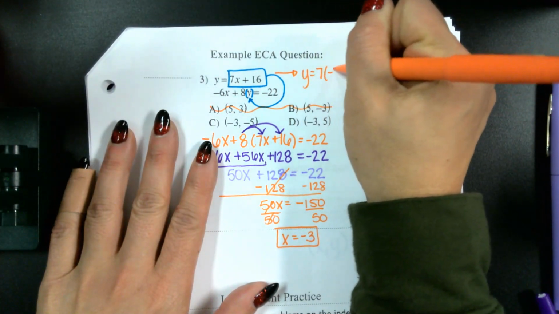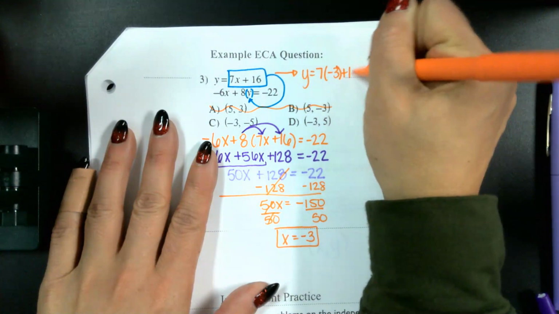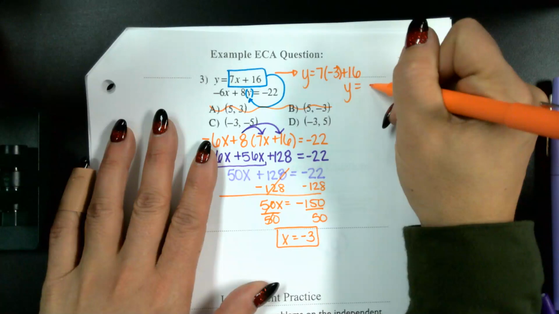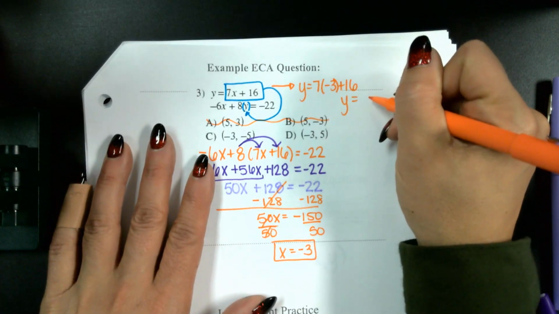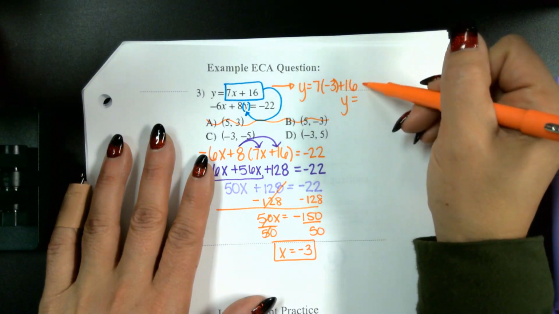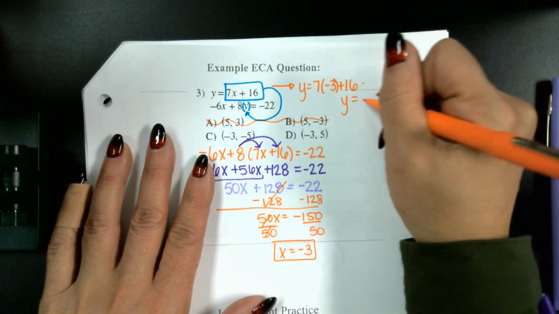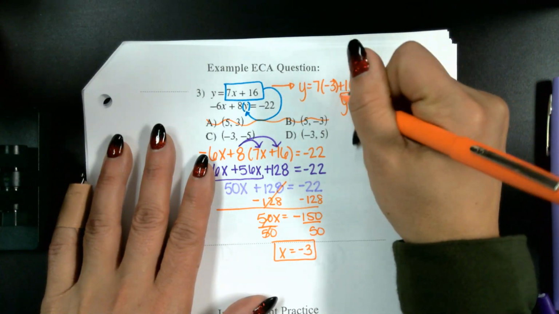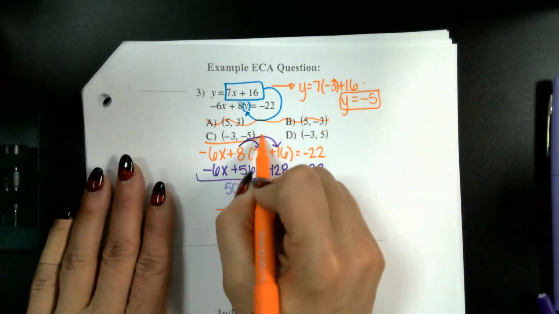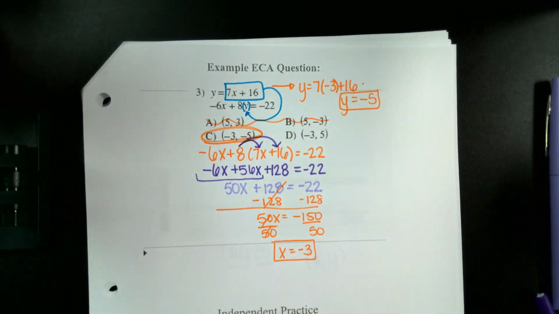We would do 7 times negative 3 plus 16. What'd you guys get? This would be negative 21 plus 16. So there would be 5 extra negatives, not 5 extra positives. So it's letter C, negative 3 comma negative 5.